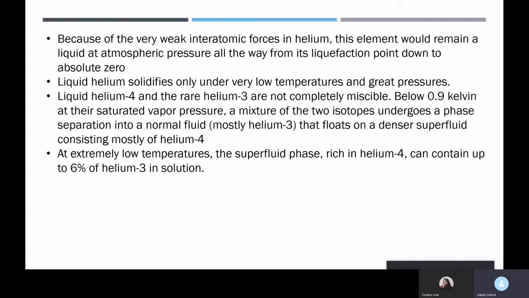At low temperature, in the superfluid phase, it is helium-4 and contains a little bit of helium-3 in solution. That's all from me, so I will pass to the next presenter.